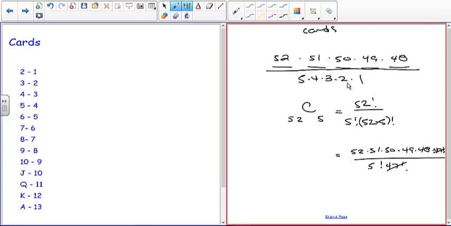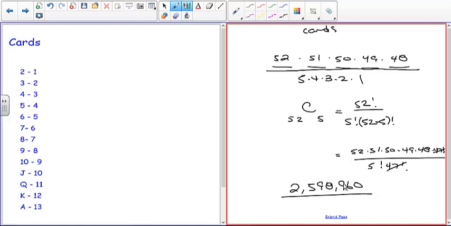So let's plug those in: 52 times 51 times 50 times 49 times 48 divided by 5 times 4 times 3 times 2 times 1. You get 2,598,960. Those are the number of possible card hands that you can be dealt with 5 cards.